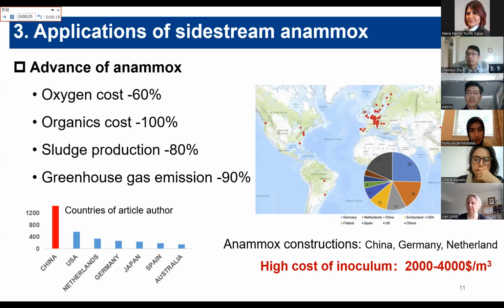That's why more and more researchers in the world focus on the full-scale application of Anammox. Notably, the inoculum of Anammox bacteria is precious and expensive. Thus, more detailed information on the lifestyle of Anammox is required to improve its operation management.